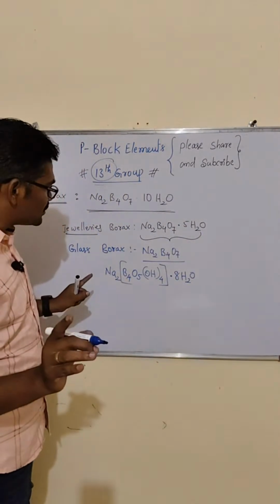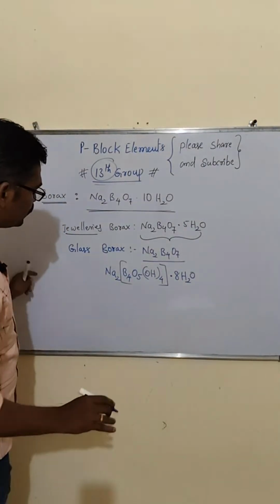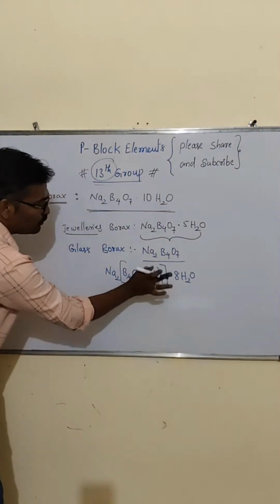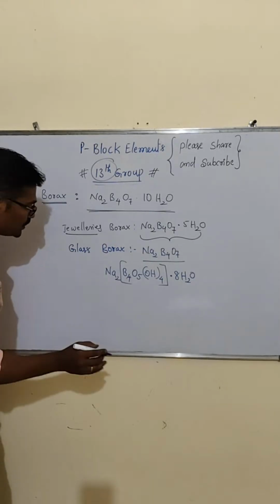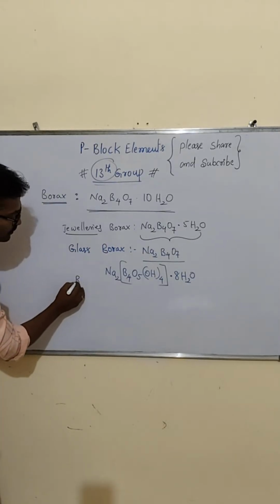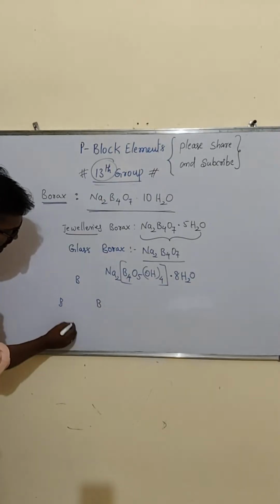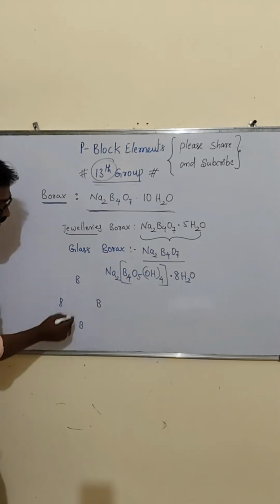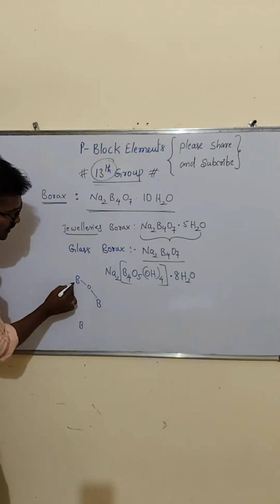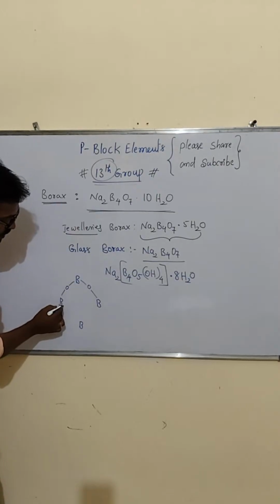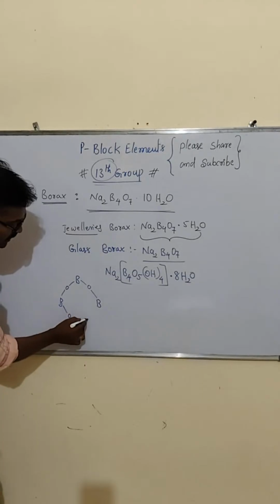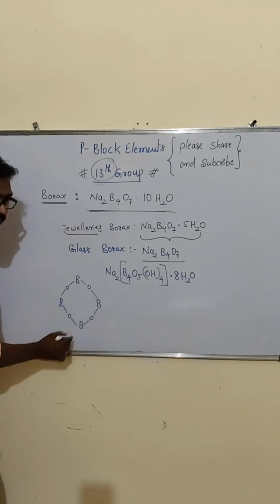So actually the structure of this, Na2B4O5(OH)4: how it will be present, the boron atoms are there, and in between them bridged oxygen atoms are there.